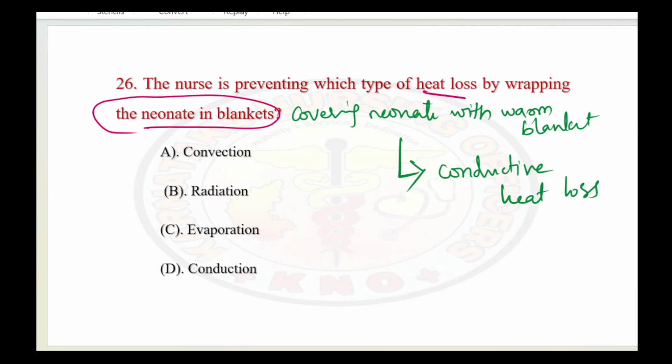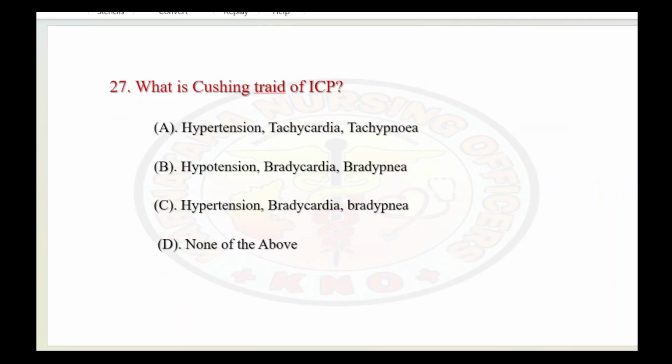Suppose you are placing the neonate uncovered directly on a bed or a warmer, they are going to have conductive heat loss from the body of the neonate. The heat is getting transferred to the warmer or the outer surface, so there will be heat loss. Okay, the right answer is option D. Answer is D.